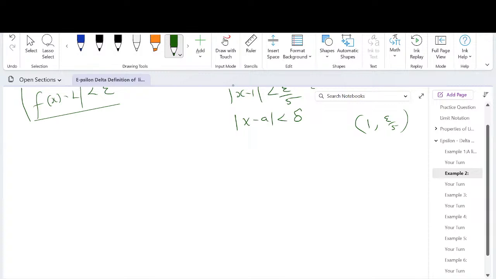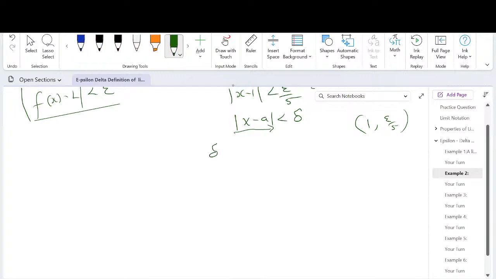Don't forget that the absolute value of x minus a correlates with the value of delta. Since we are taking a step towards this, it will have an impact on delta.